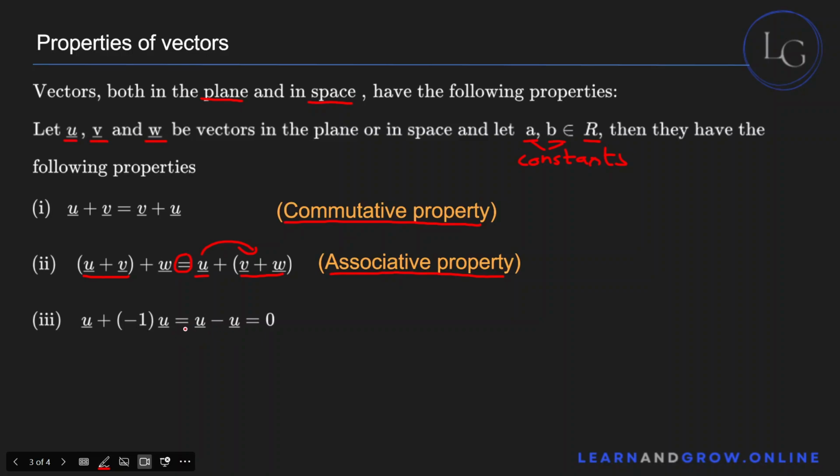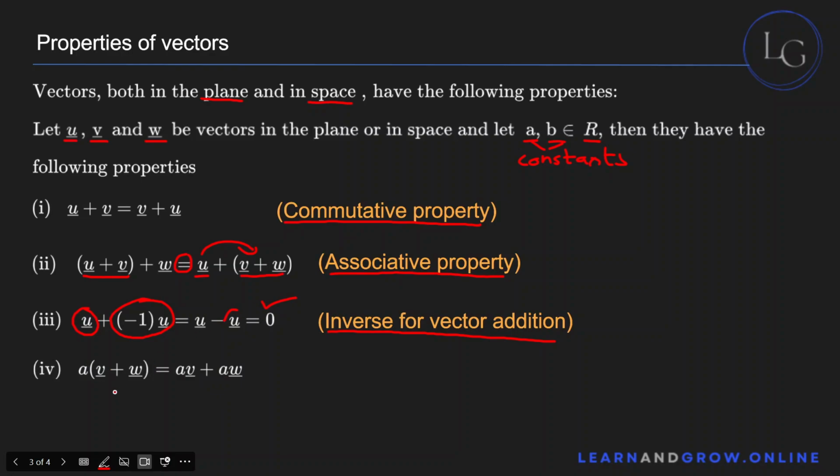When you add negative u to positive u, that gives you a zero vector, and this is called the inverse for vector addition. This is the inverse of this, and when you add them up, it gives you a zero vector.